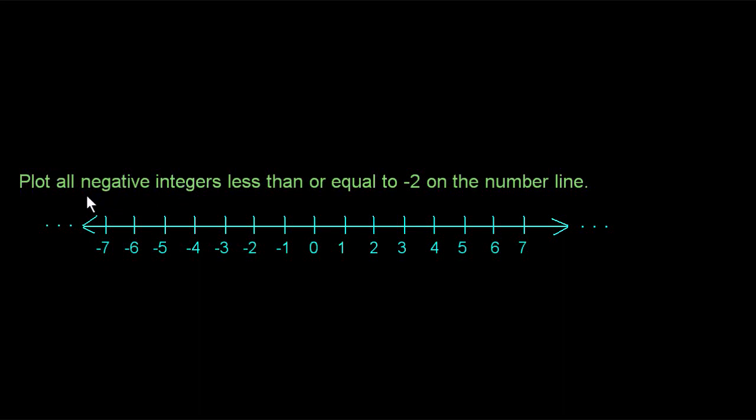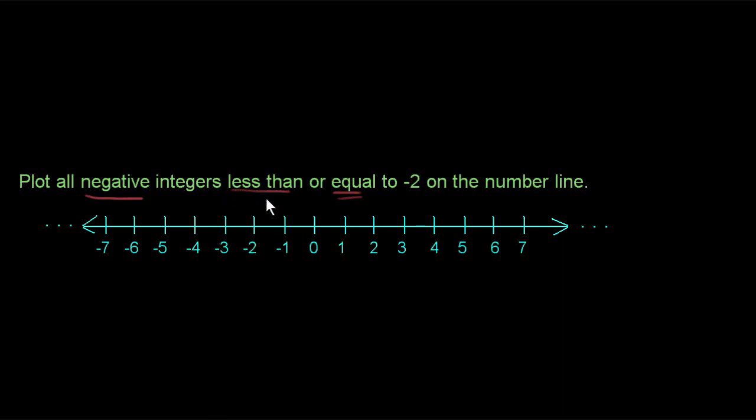Next problem says plot all negative integers less than, which again means to the left of, or equal to -2 on the number line. Let's first start plotting the negative integers.